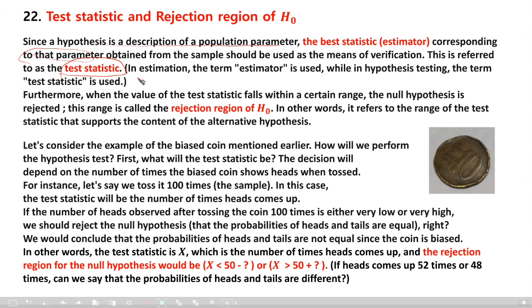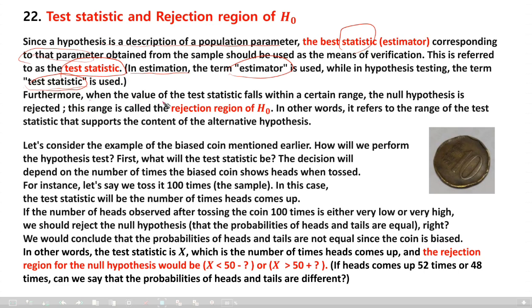In the estimation part, the term estimator is used for the best statistic, while in hypothesis testing, we call that estimator a test statistic. So same thing. Say X bar, for example: X bar is an estimator in the estimation part and a test statistic in hypothesis testing.